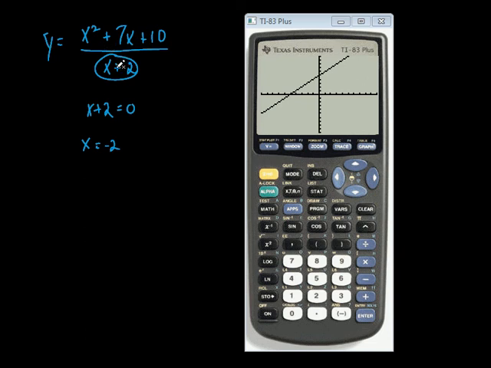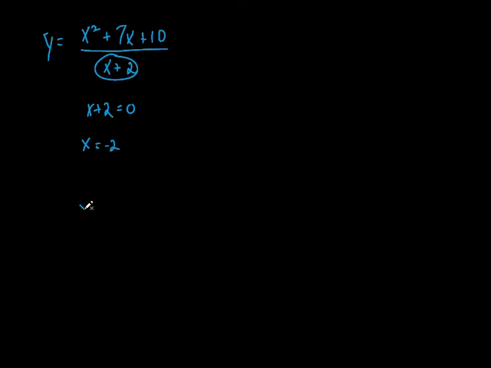Now this is going to be undefined. I'm just curious to see what happens, because you want to find out where, at -2, that hole is, correct? So let's just see. Put a -2 in there, that's a 4. Put a -2 in for this, that's a 4. Put a -2 in for that, that's a -14, right? And then plus 10. No, it's not going to work, is it?